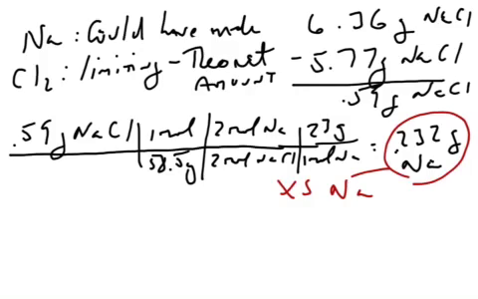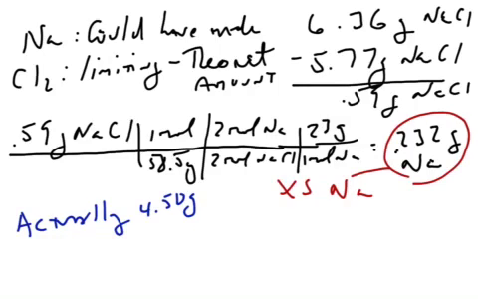There was one more thing back in the original equation. It said I actually obtained, which means I got it off the filter paper or however, 4.50 grams of product.